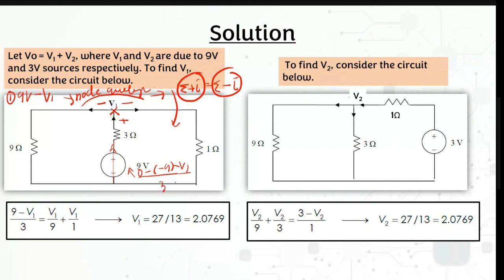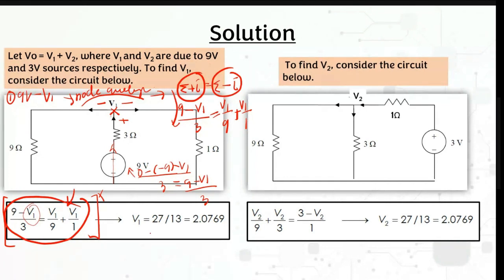So you will have 9 minus V1 over 3 for the positive current. And then for your negative current, V1 over 9 plus V1 over 1. So you will have this equation. And then, as always, simplify this equation, and then you can calculate V1.